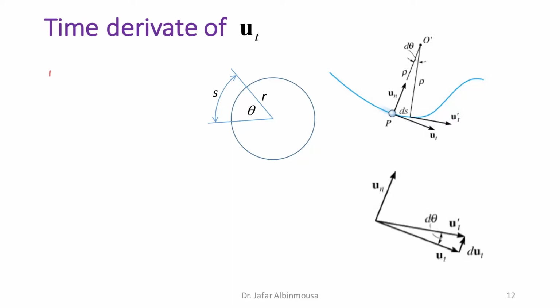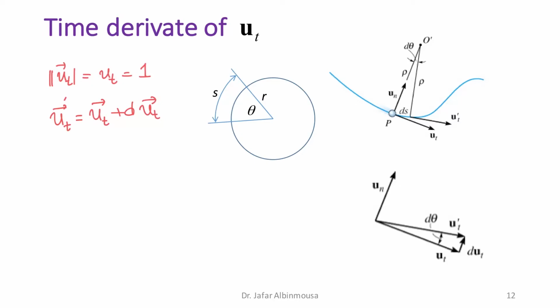So the magnitude of the ut unit vector is equal to 1. It's a unit vector. The magnitude of a unit vector is always 1. And also, if we sum up the vectors in this graph, then we will have ut prime equal to ut plus dut.